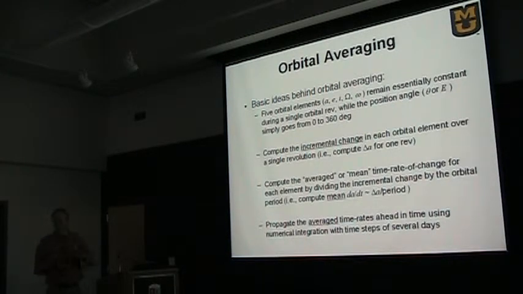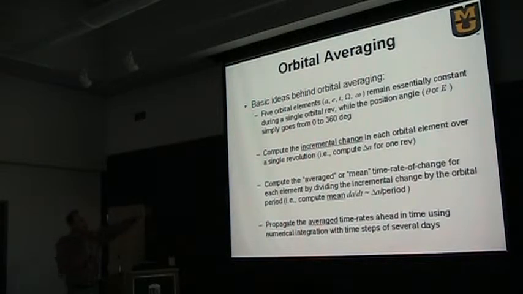Those elements change very little from one revolution to another. You saw it in the picture, it just spirals up, so it doesn't change much from revolution 58 to revolution 59. So we can calculate the incremental change of each element over one revolution.